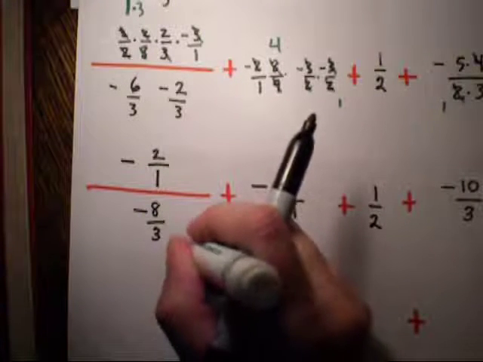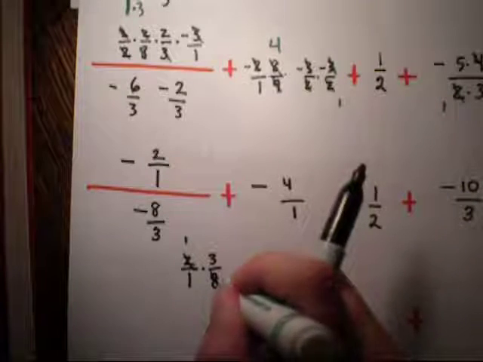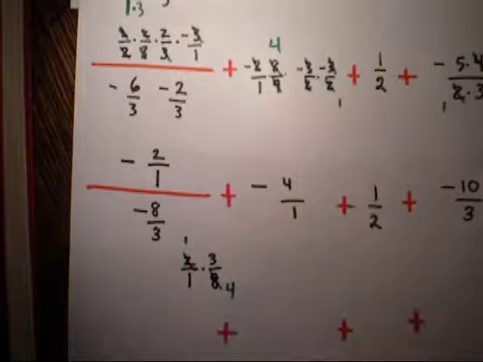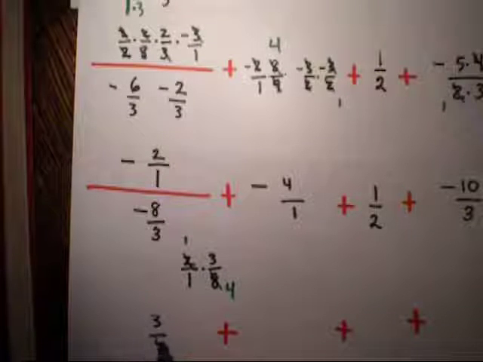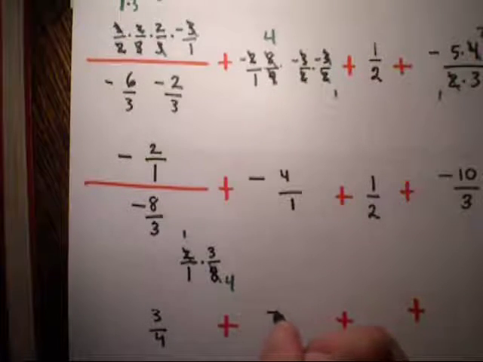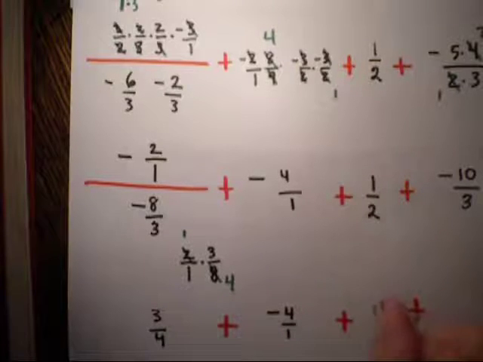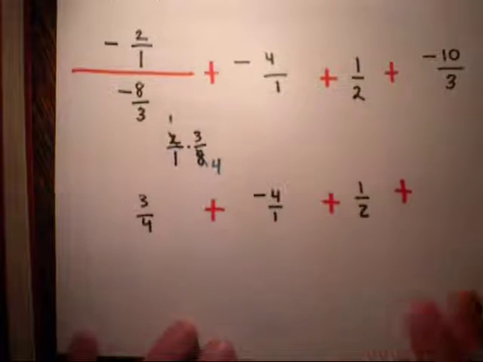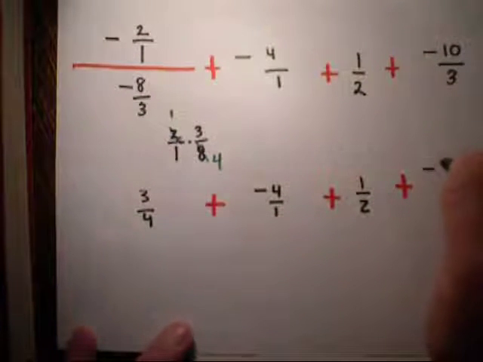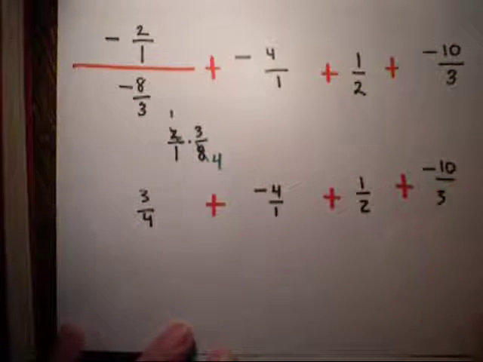So we know how to do that. 2 goes into 2 once, 2 goes into 8 4 times, and the first number is 3 over 4. Second number is negative 4 over 1. Third number is 1/2. Fourth number is negative 10 over 3.